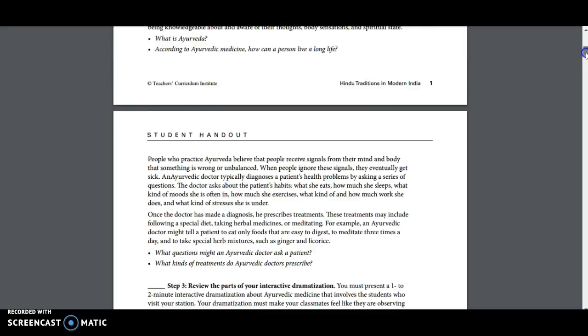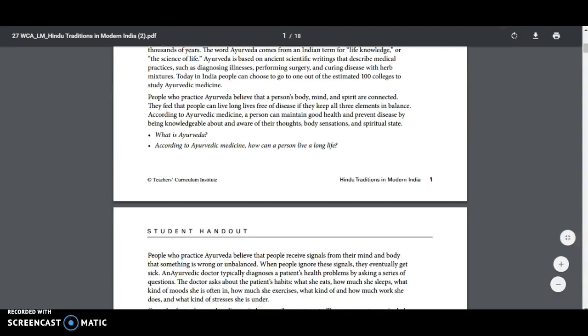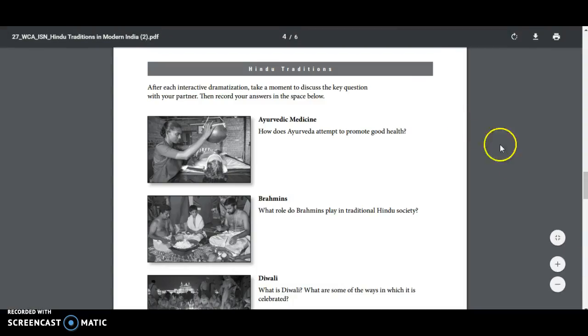Once you have read this and you've discussed the questions in italics with your partner, you are going to get out your ISN packet that we got yesterday. In your ISN packet, you are going to turn to page 4. This is the main questions that you guys will be responsible for each section of this packet.